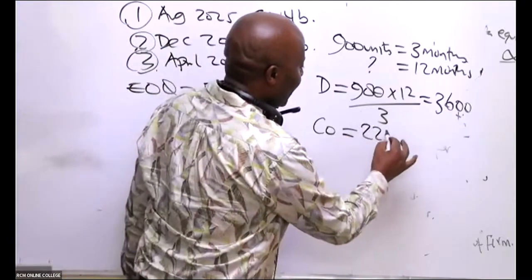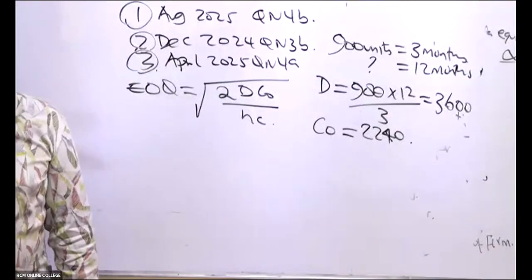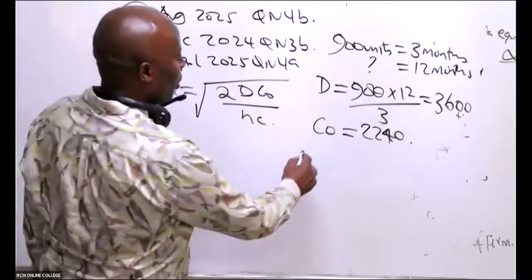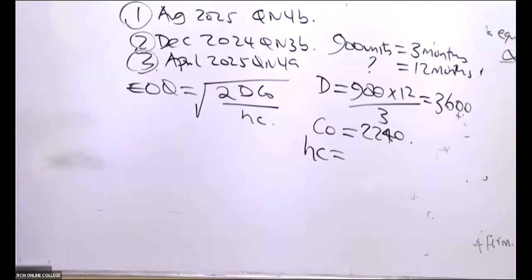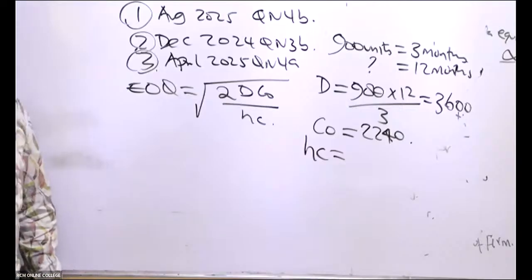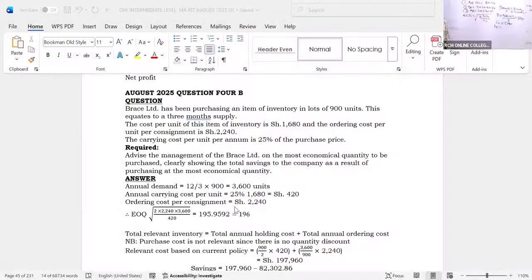This examiner has given me the cost per order. How about holding cost per unit per annum? Because they have given it to us in the form of a percentage.